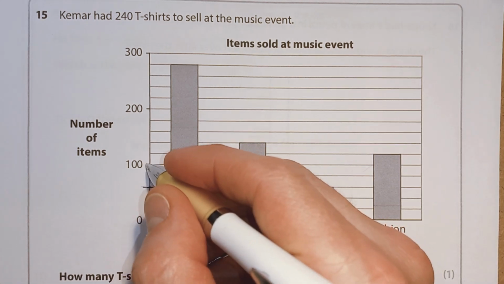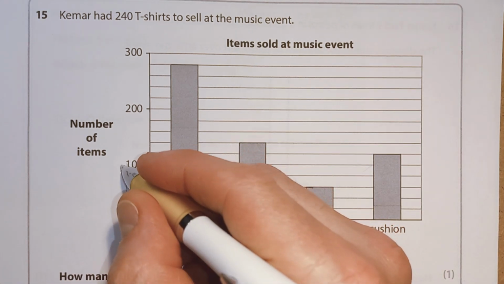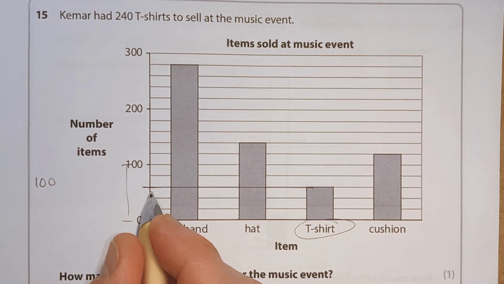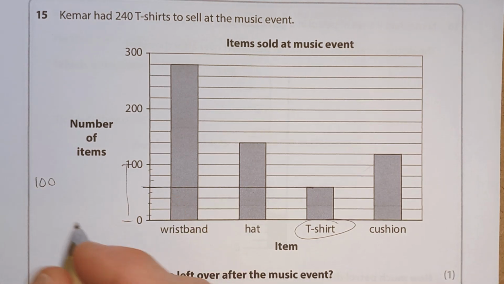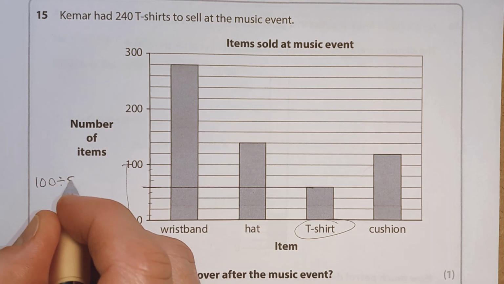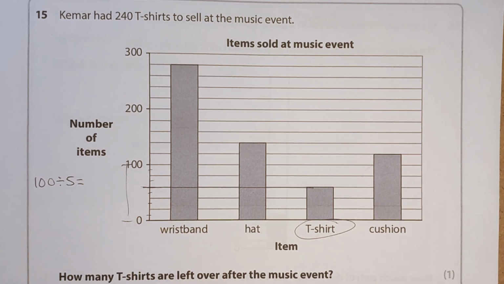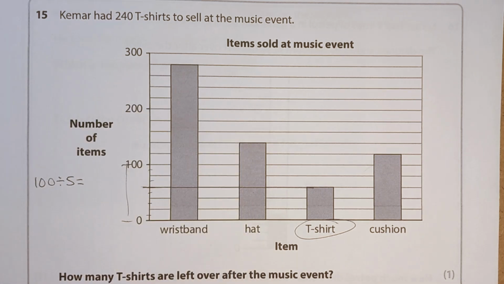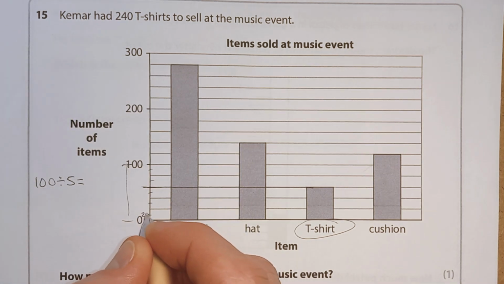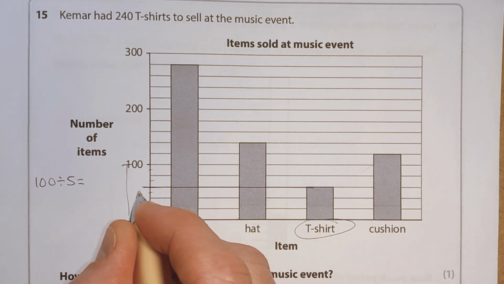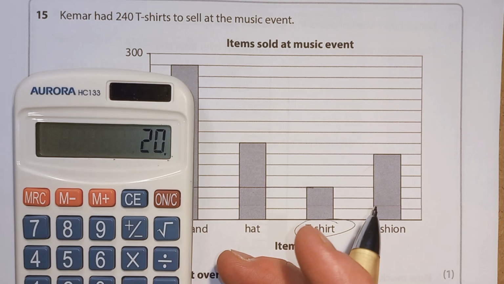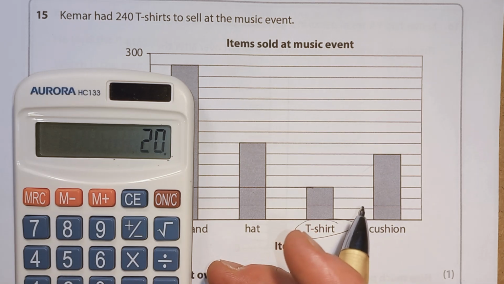Now, we've got a difference of 100 here. And we've got 1, 2, 3, 4, 5 sections. So if we do 100 divided by 5, we did something similar earlier, we get that each of those must be worth 20. So this is 20, 20, and another 20. In other words, we can just do 20 plus 20 plus 20.